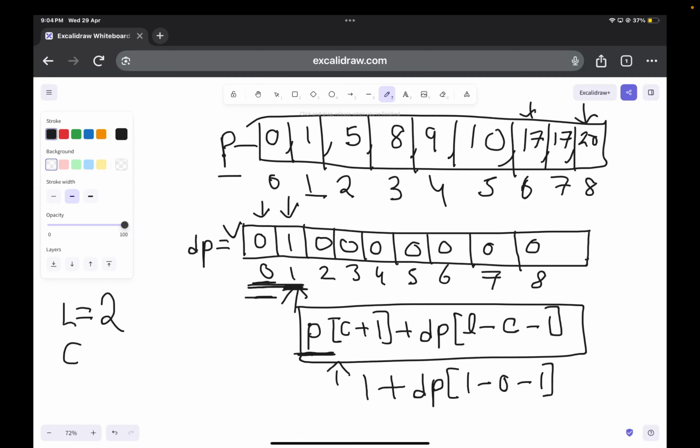What are the cuts we can do? 1 and 2. We can cut 0 and 1. 2, how can you cut? If you cut 2, what is remaining? Remaining is 0.